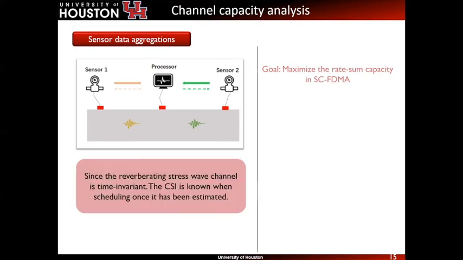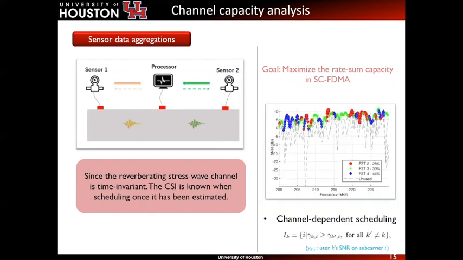Again, due to the time invariance, we assume that each sensor's channel information is fully estimated. A channel-dependent scheduling is used to maximize the rate sum capacity based on this channel state information. It can be shown in this equation. The sigma represents user k's SNR on subcarrier i.